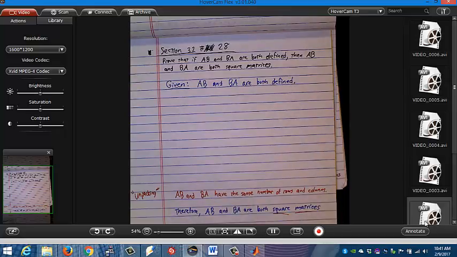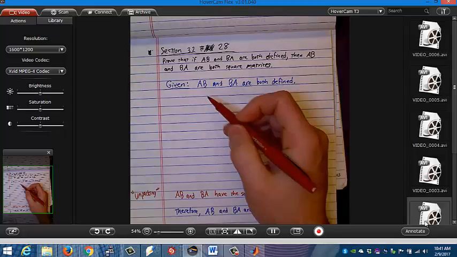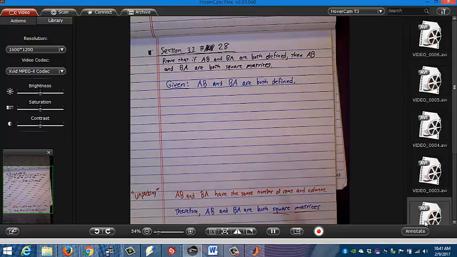Now let's go up top and unpack the given information. And let's just focus on one of them. If we know that AB is defined, what does that mean? A has the same number of columns as B has rows. Right.